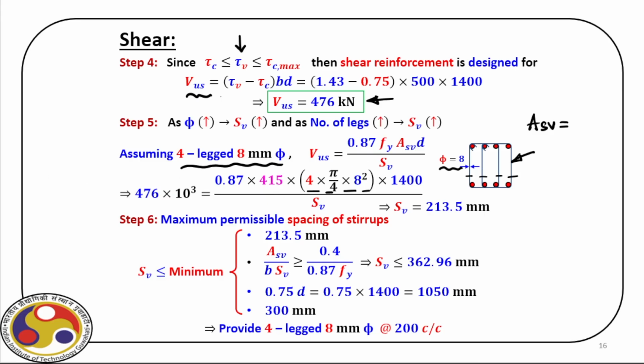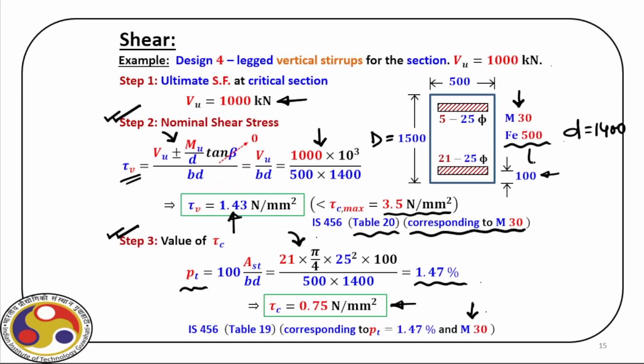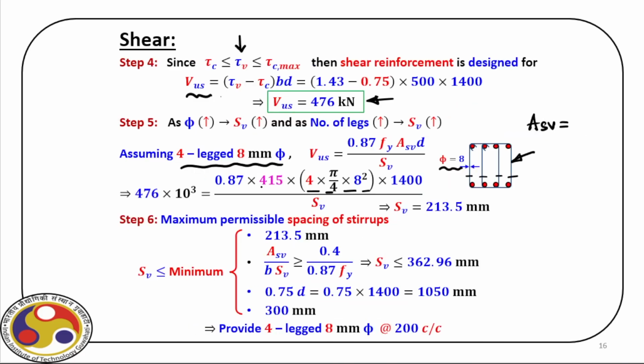Just recall the steel category here. It is Fe 500, which is more than 415. But here we have that limiting value of 415, which we use here. Then the only unknown is SV, and SV is 213.5 millimeter.